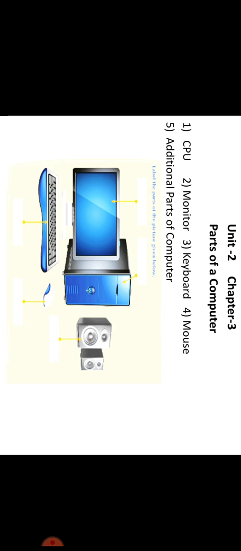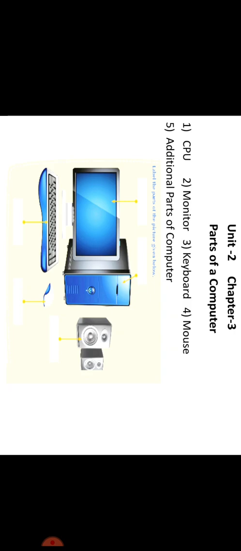Keyboard. With the help of keyboard we can type our mobile number, name, address, letter, story. Again a big box. That big box is called as a CPU. CPU means what? Central Processing Unit.